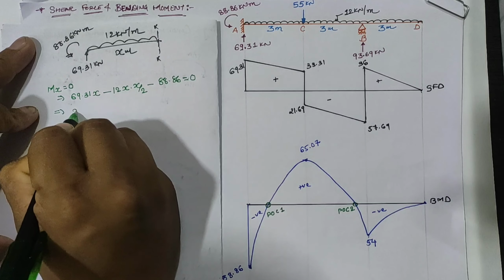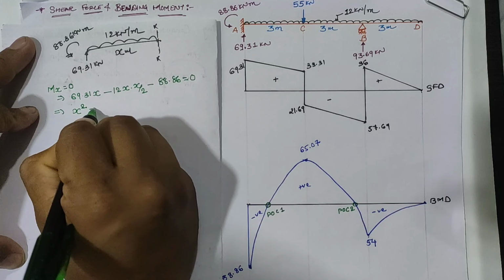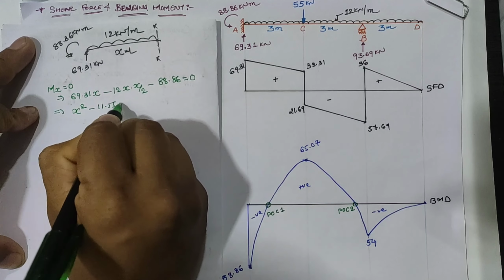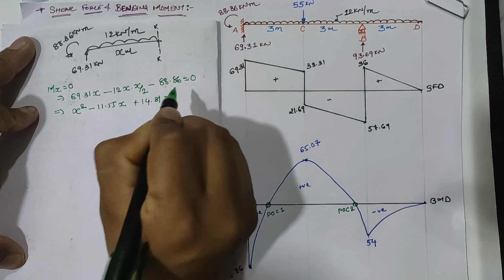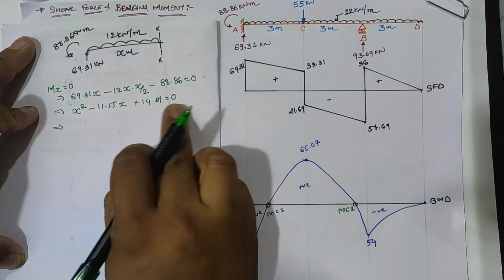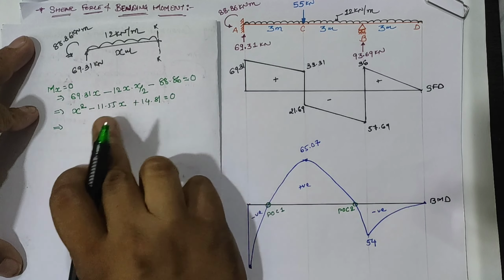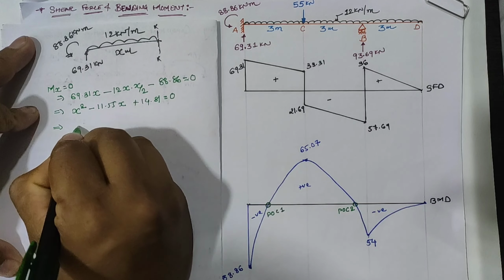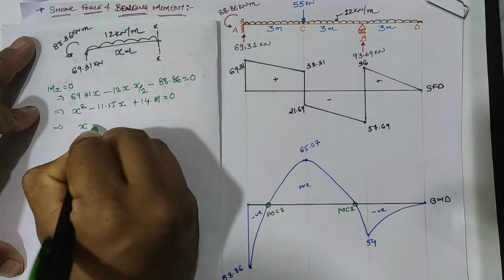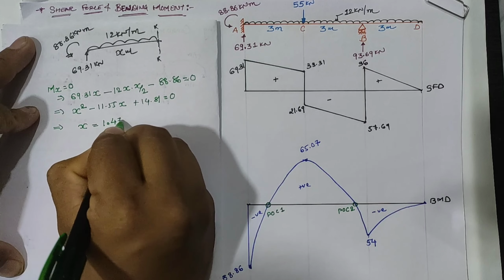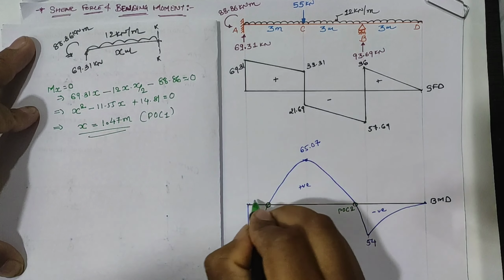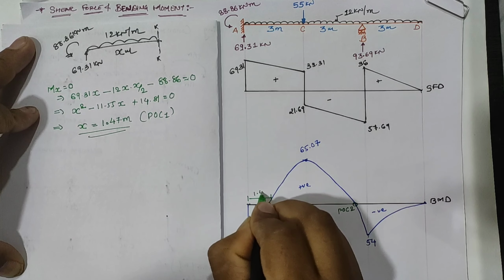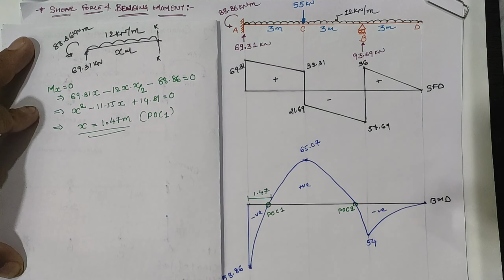Hence our equation is X square minus 11.55 X plus 14.81 equal to 0, which is a quadratic equation. If we solve this equation, then we will have X equal to 1.47 meter. So our POC1 location is 1.47 meter from the support A.